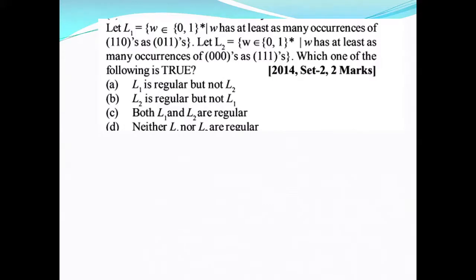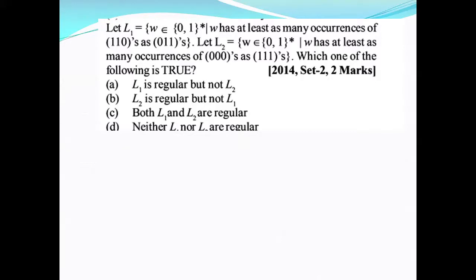Now, L1 is a language over the alphabet 0, 1 where W has at least as many occurrences of 110s as 011s. Let L2 be W has at least as many occurrences of 000s as 111s. Which one of the following is true? L1 is regular but not L2.